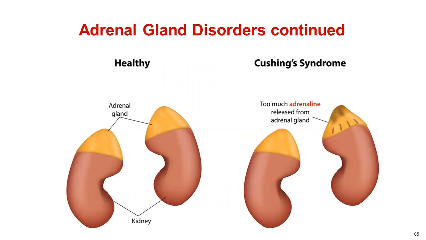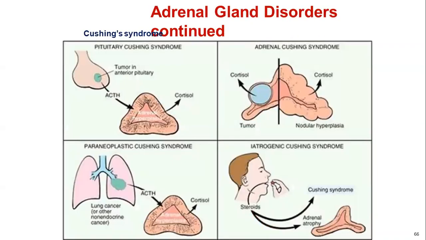Secondary cause, we said the pituitary gland. So this is the pituitary gland. If any tumor in the pituitary gland and pituitary dysfunction, overproduction of ACTH by anterior pituitary can also cause Cushing syndrome, and this is the secondary cause.